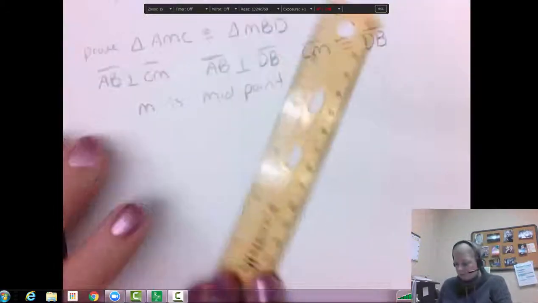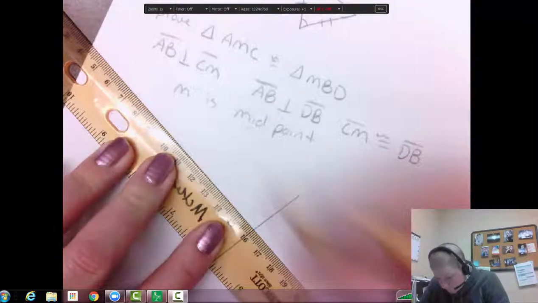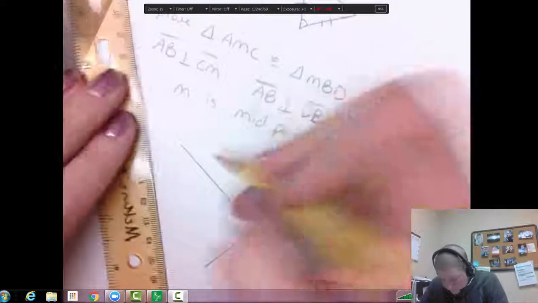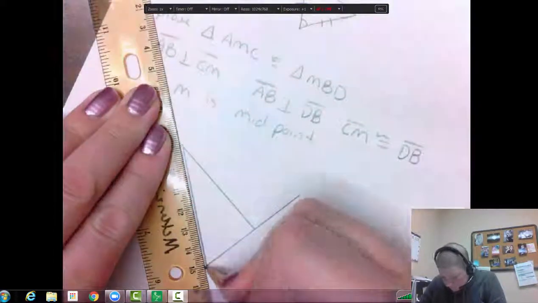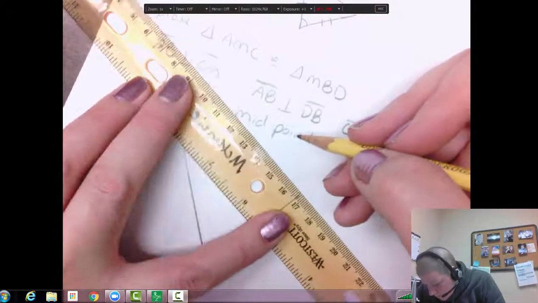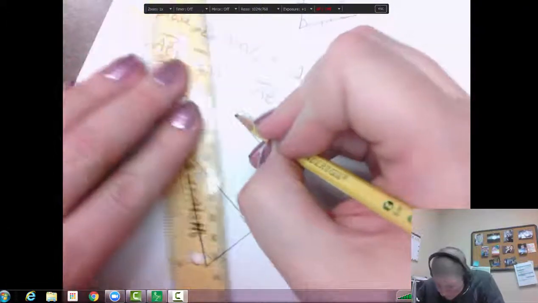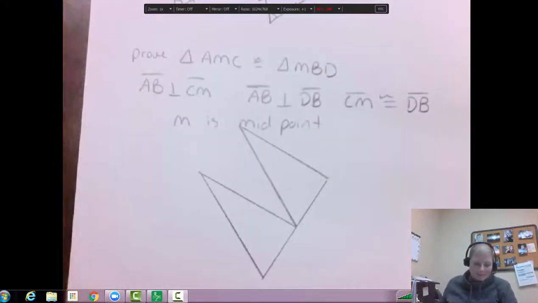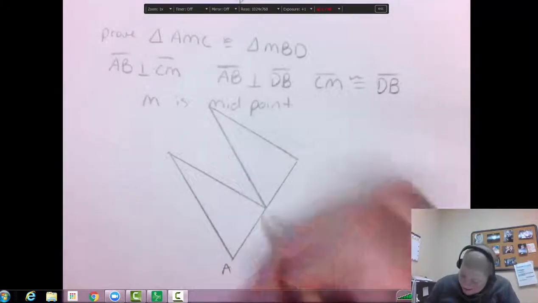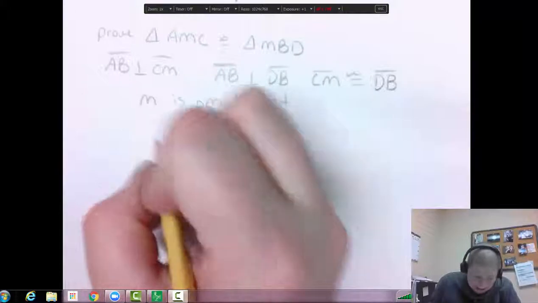Okay, so here's what my drawing is going to look like. Kind of going a little bit into my word midpoint. That's okay. Okay, so A, M, B, and D, and C.